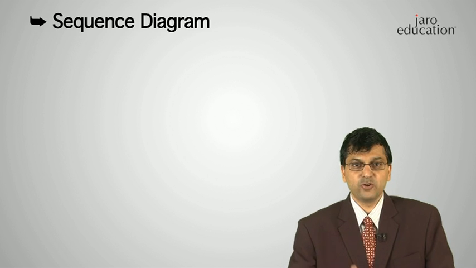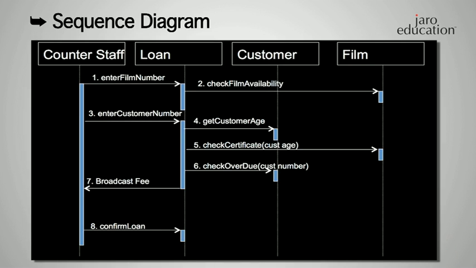So I can get into more details. The counter staff makes a request for a loan, on behalf of the customer, of course. So there is a loan object in the system. Loan is an object of a class called Loan. So there is a method which is entered, and then it goes and checks the availability of the film, whether the film is available in stock or not.